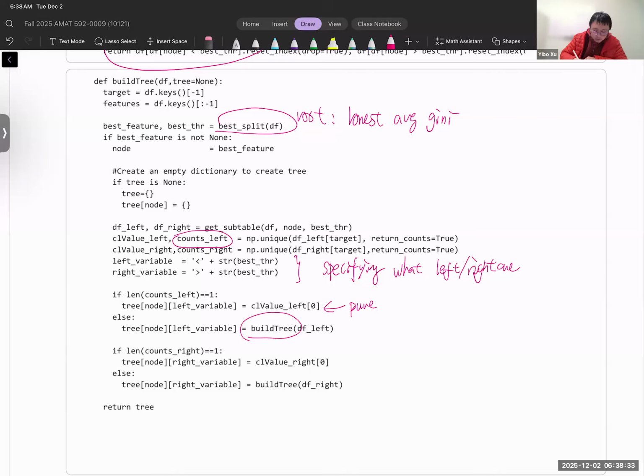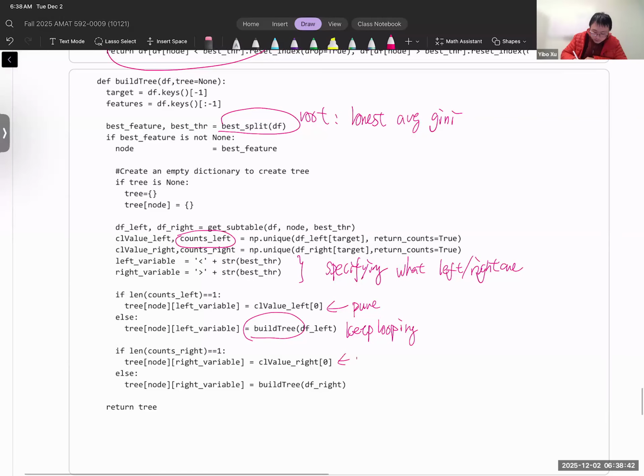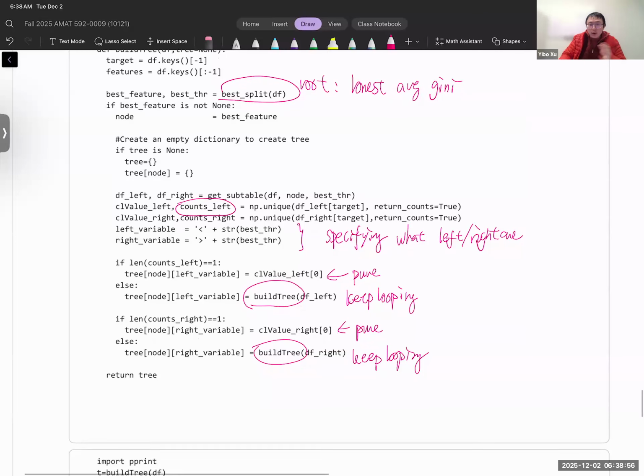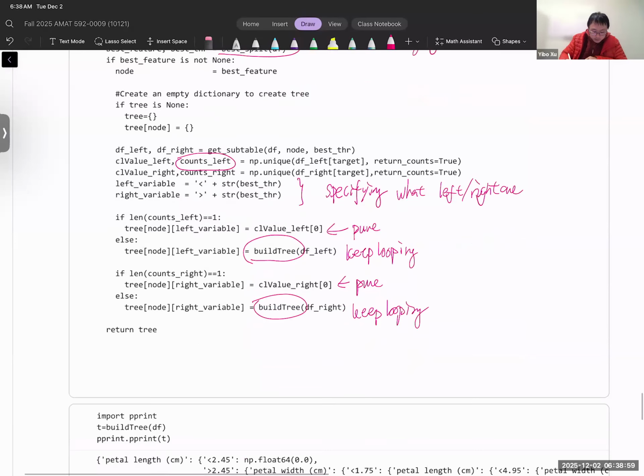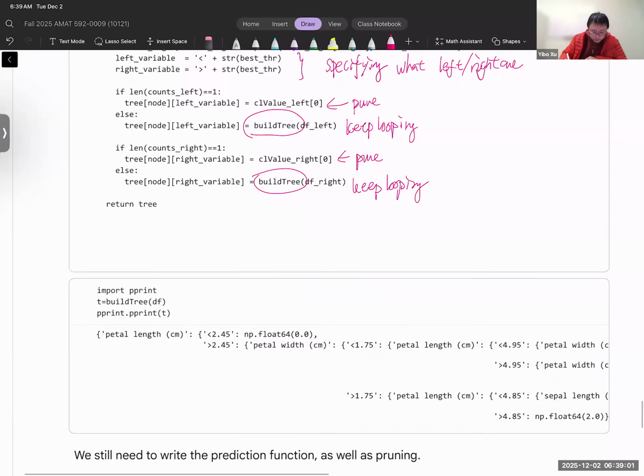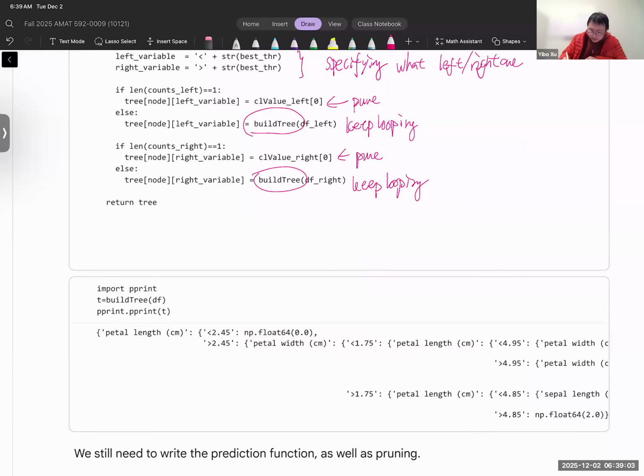It keeps on looping. So you get the subtree and then just build the tree from here. This part is also pure on the right. This is also keep looping. So get the subtrees, get the leaf nodes all the way until every node is pure. Right. So this is the data pretty much.